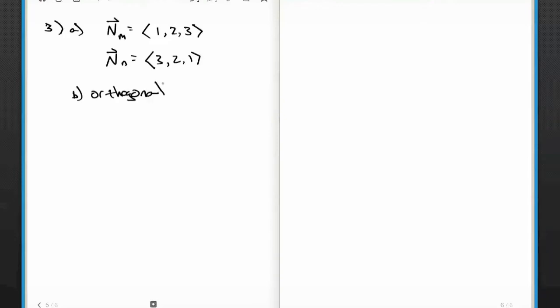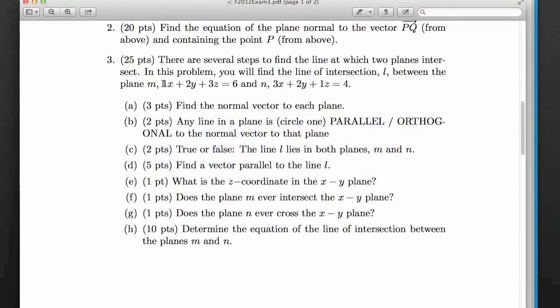Now, why did I ask that question? Because if we know that any line in a plane, so the line of intersection, true or false, the line L lies in both planes M and N, right? So if this line of intersection has got to be in both planes, and I know that any line in a plane is orthogonal to the normal vector, then the line L has got to be orthogonal to both of these vectors, right?